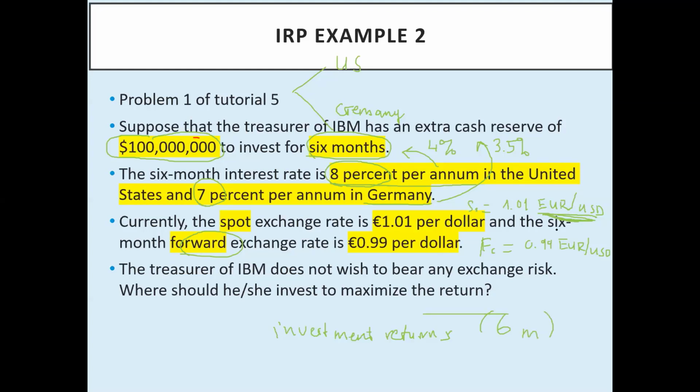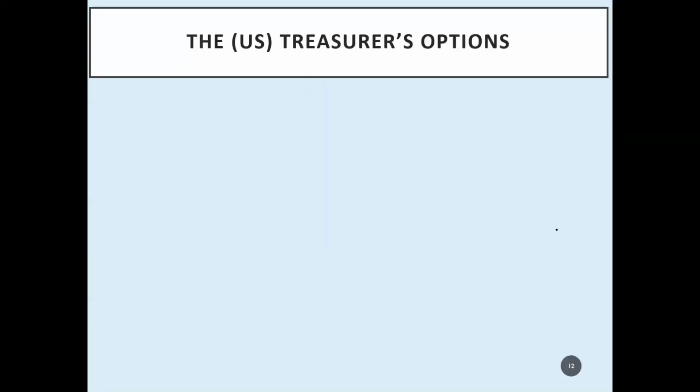Compute the investment returns for both options, and also think about how to eliminate exchange rate risk when you invest overseas. In your answer, you should have two different options: a domestic investment option and a Germany, or foreign country, investment option. So 2 minutes. When we come back, we will talk about the answer.